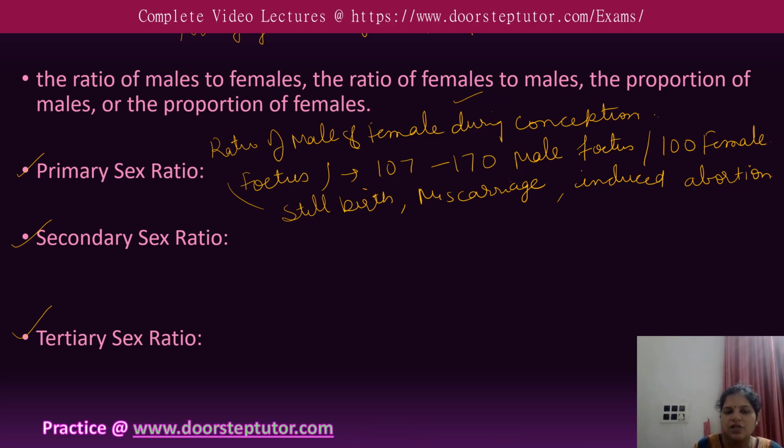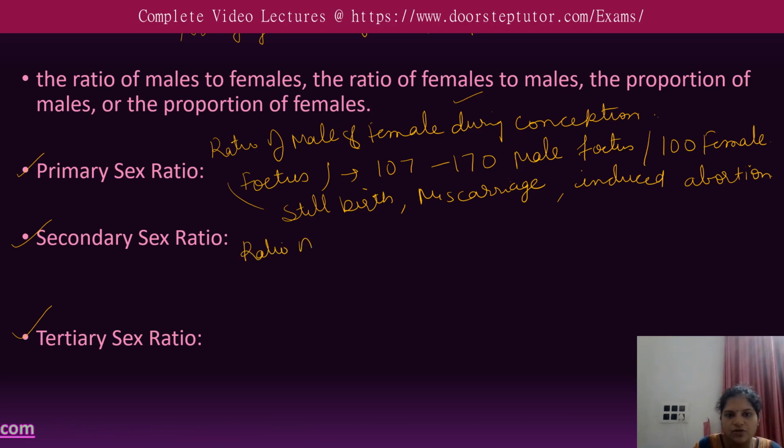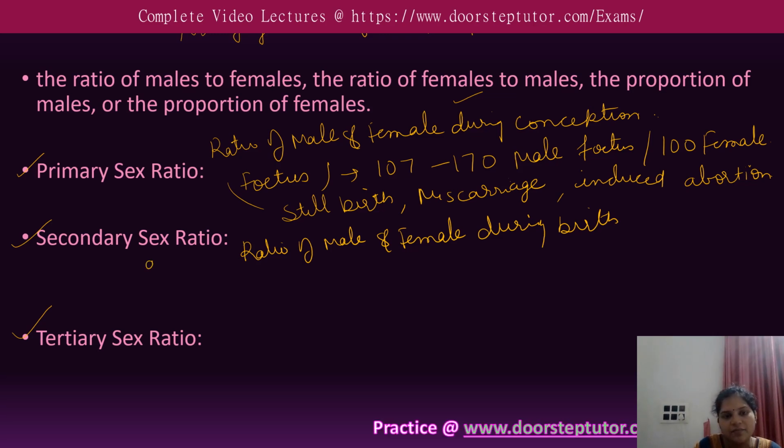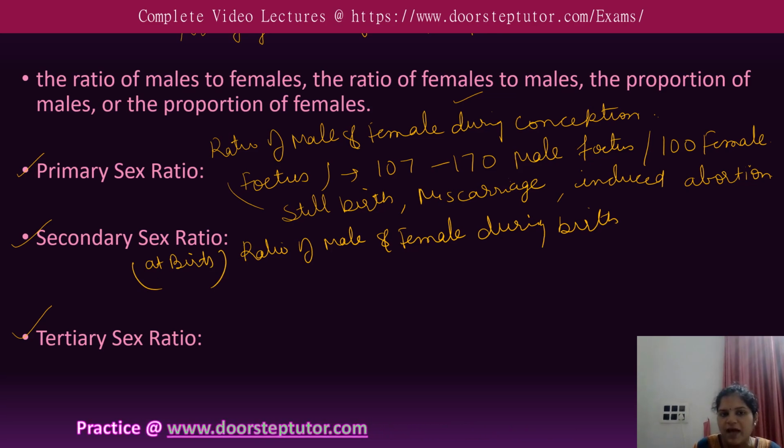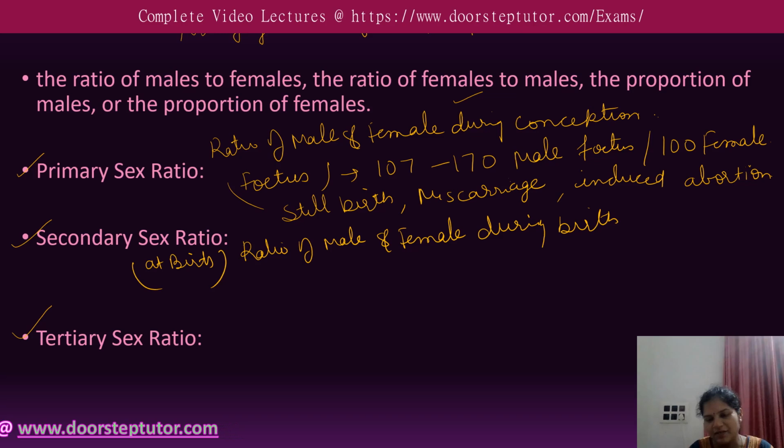Then secondary sex ratio is the ratio of male and female during birth time. So this relates to the sex ratio at birth. And if the primary sex ratio prefers the male fetus, then obviously the secondary sex ratio will also favor the male child.